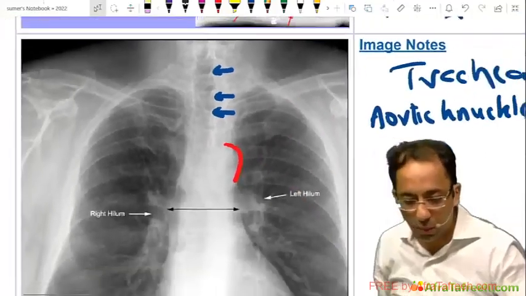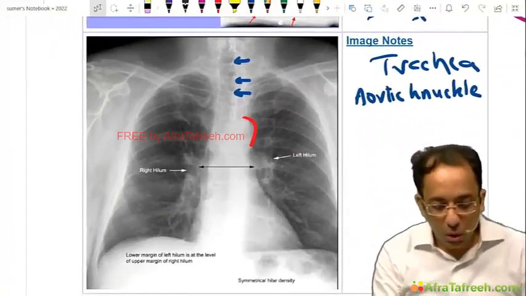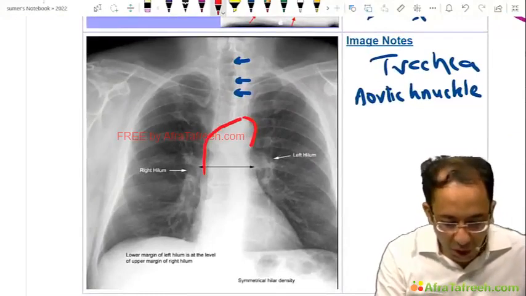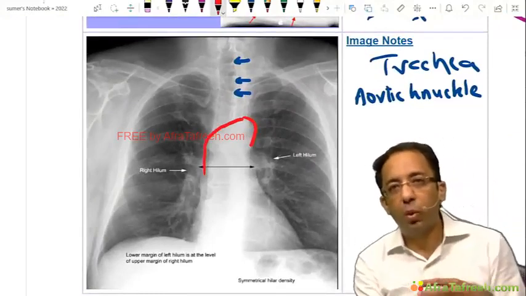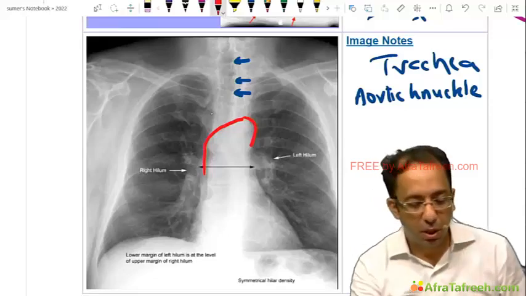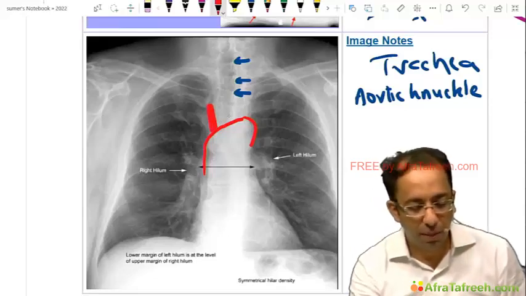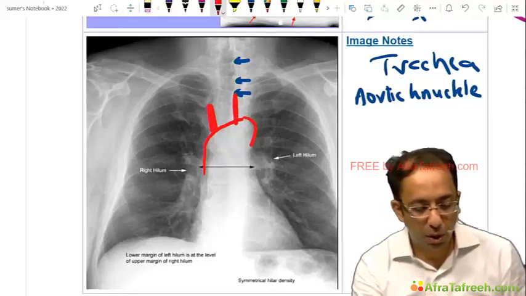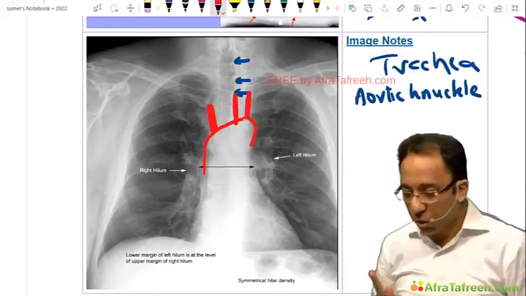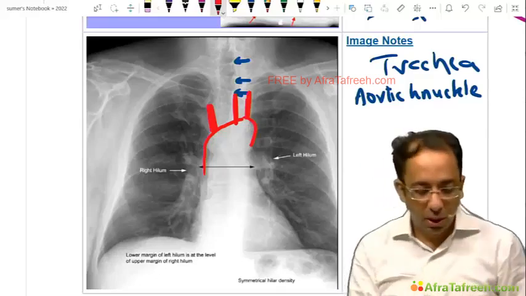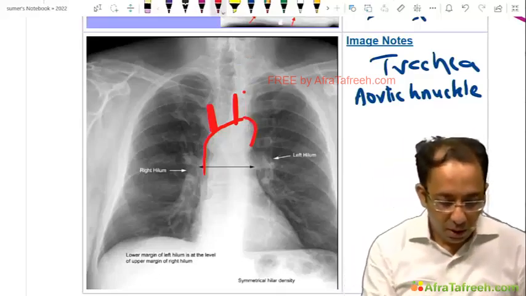Okay, now tell me. Imagine this is the place where you have your arch of aorta. From arch of aorta, anatomically you have three branches. You have the brachiocephalic artery, left common carotid, left subclavian. Okay, from arch of aorta you have three branches. Can you repeat with me?